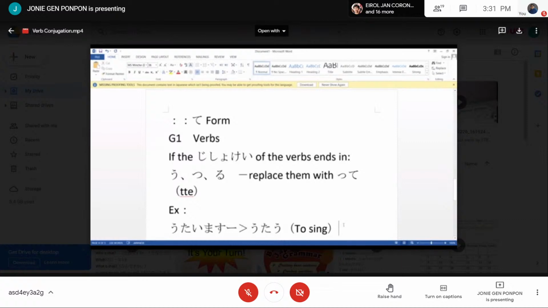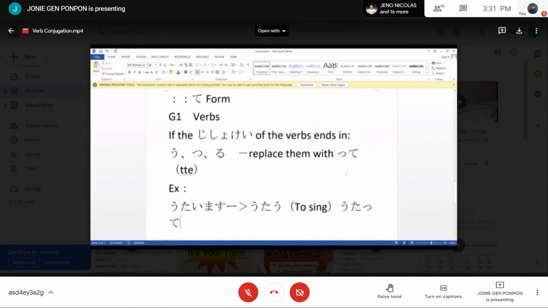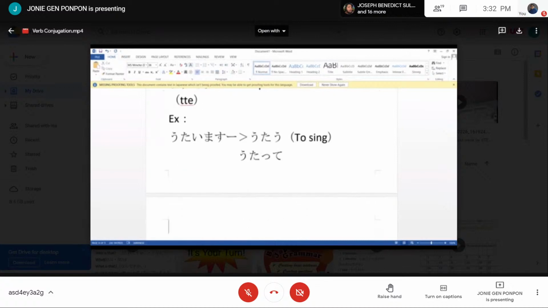To create its te form, since it ends in the u sound, u will be replaced with the t sound. It will become utatte, with a double t. Only the u sound is replaced.